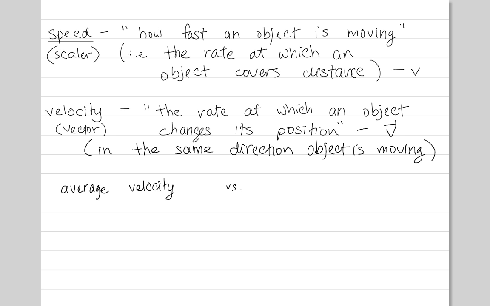And there's this thing called instantaneous velocity. So the instantaneous velocity is in the moment, in the instant. That's where they get the word from. So this is in the moment.